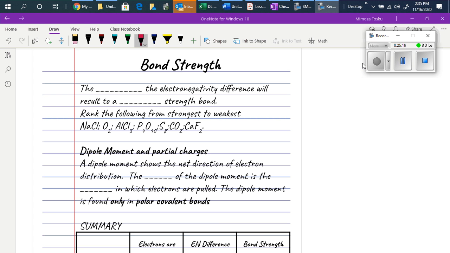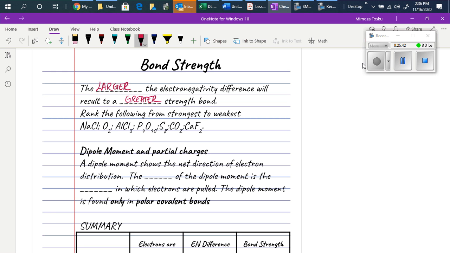The larger the electronegativity difference between the atoms, the greater the bond strength. So the larger the electronegativity difference, the stronger the bond.